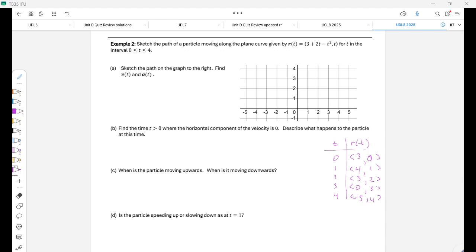So again, we're going to just start with those numbers: 3, 0, 4, 1, 3, 2, 0, 3, and negative 5, 4. So our particle is basically, the way this is set up, we've just used t to swap what x and y usually do.